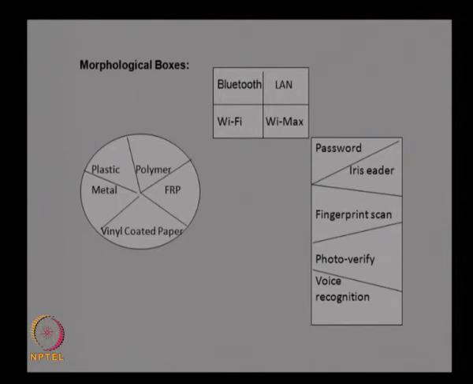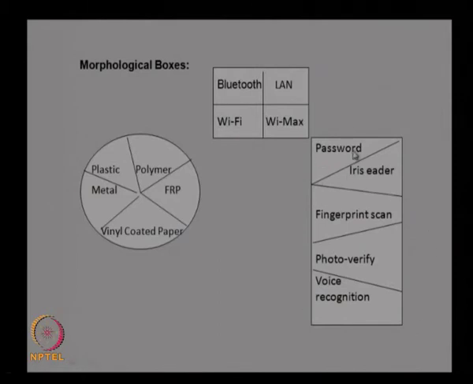As I told you about the physical architecture development, in order to have the instantiated physical architecture we will try to identify the various options for input and output and other functions. So this actually shows different options for various functions here. So this is one function where you can have the user authentication.